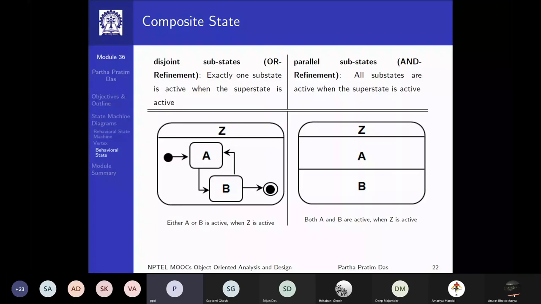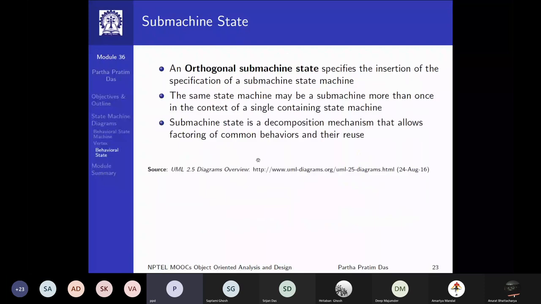So when I'm alive, both my marital status as well as my employment status are active. So they're in parallel, they're AND. Or I could depict them in this way. So this is actually not a state, this is a region now. So I could be in this region or I could be in this region, right? You could have disjointed substates or refinement in that way.